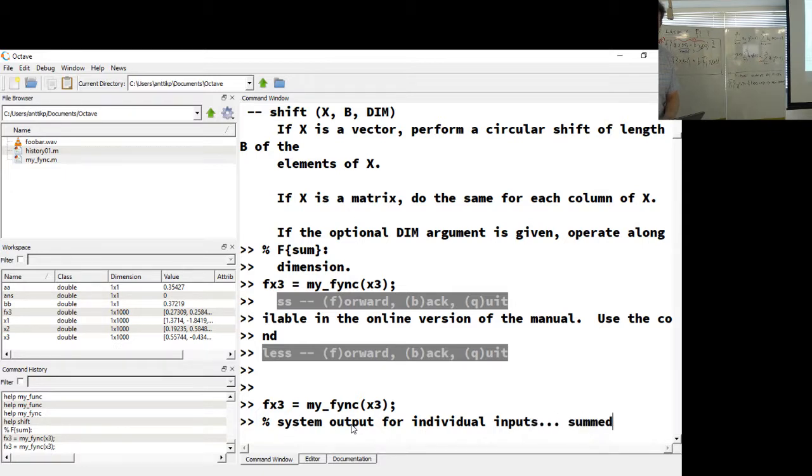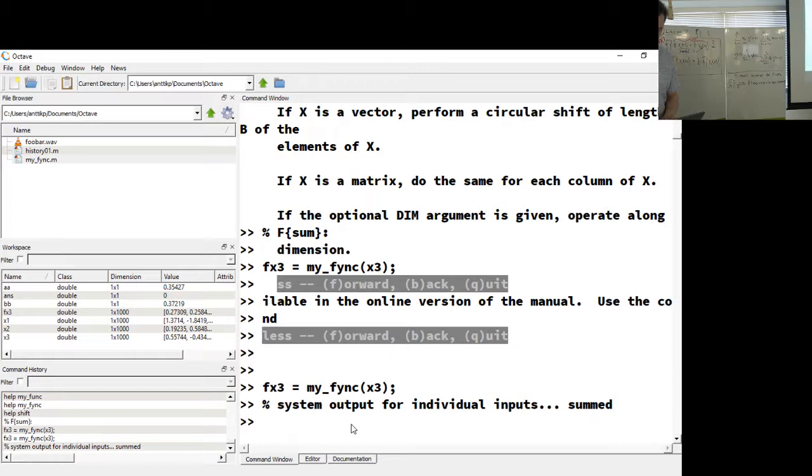Okay, so I call it fx4: a times my system output when the input is x1, plus b times my system output when the input is x2.